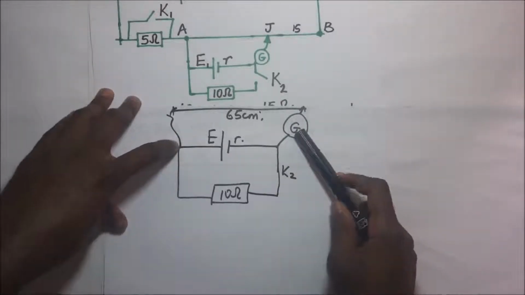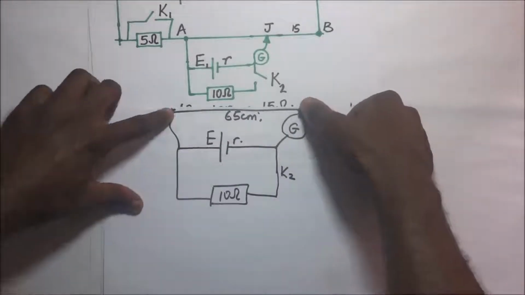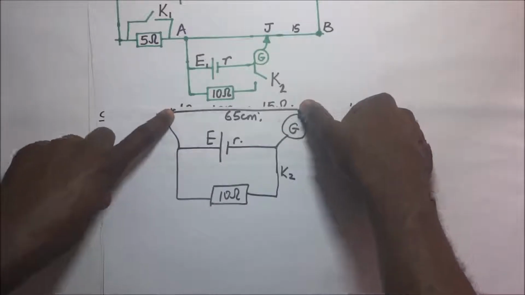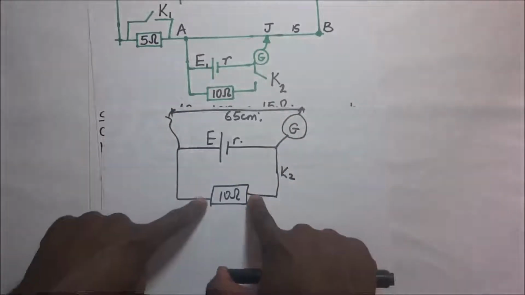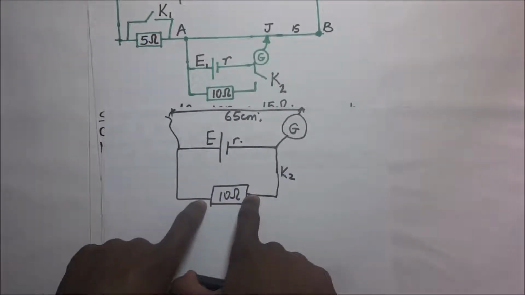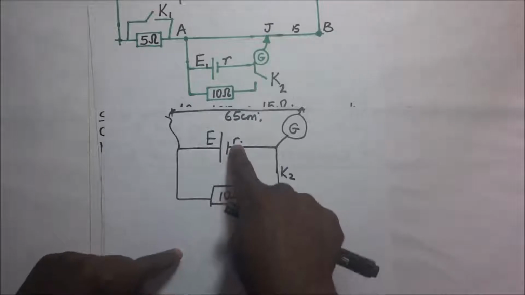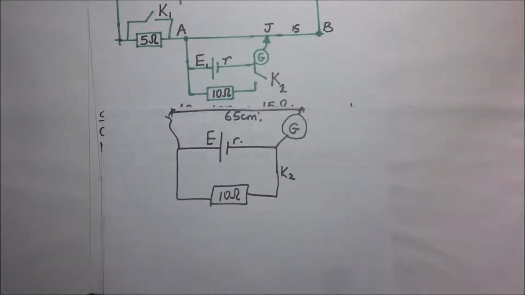It is deflecting 0. In simple terms, when the galvanometer shows no deflection, the potential difference across the slide wire is going to be equal to the potential difference across that 10 ohm resistor. So that is where we're going to start from. That is a piece of information we're going to use to help us find the internal resistance of this secondary circuit.